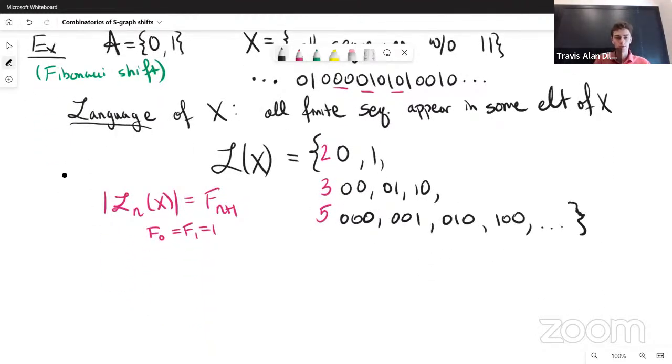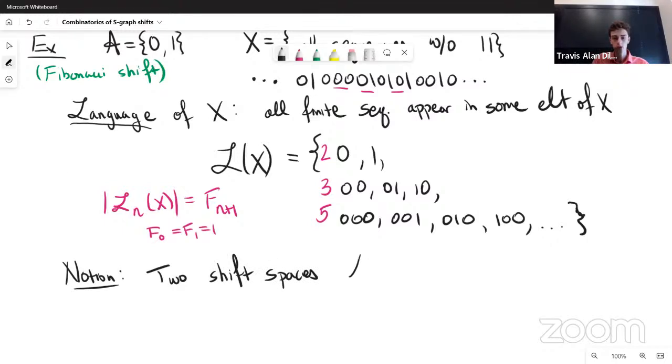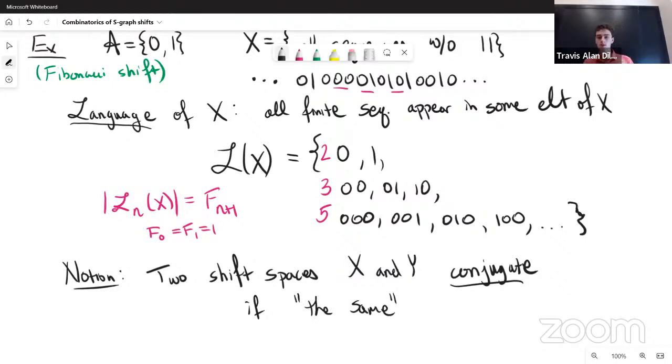So we have this notion that two shift spaces, let's say X and Y, are conjugate if they're the same in some appropriate sense.